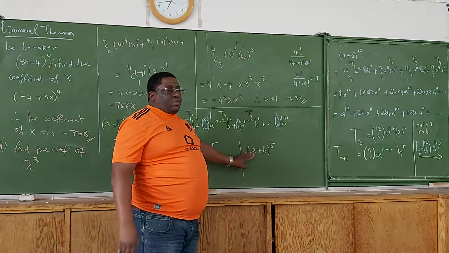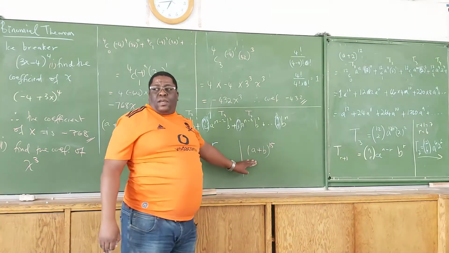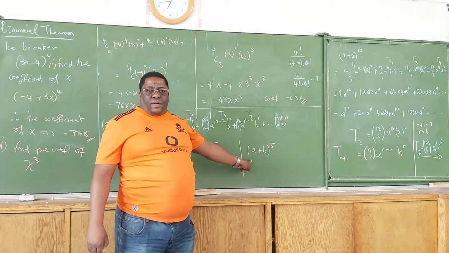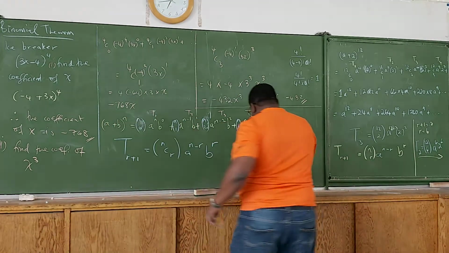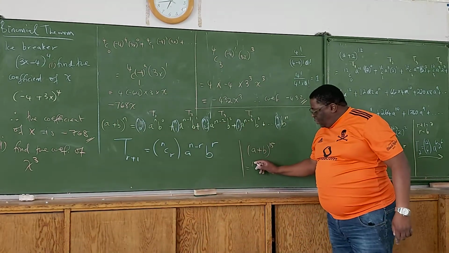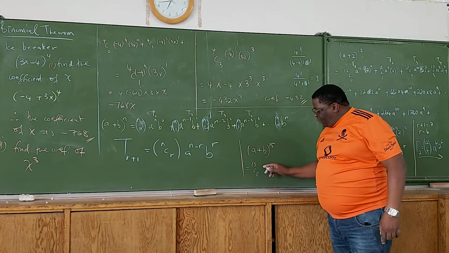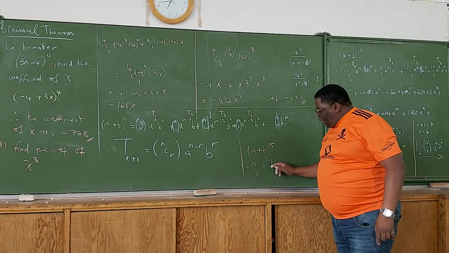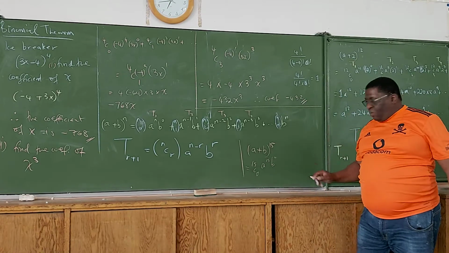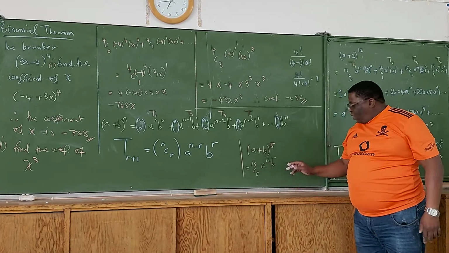But when you use nCr, then you know how will we start this one? Give me the first two. Here. 15 choose 0, a, b to the 0. Okay? You can work that out, right? That is the value you can work out.